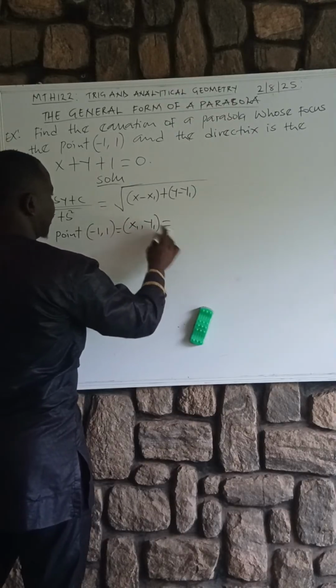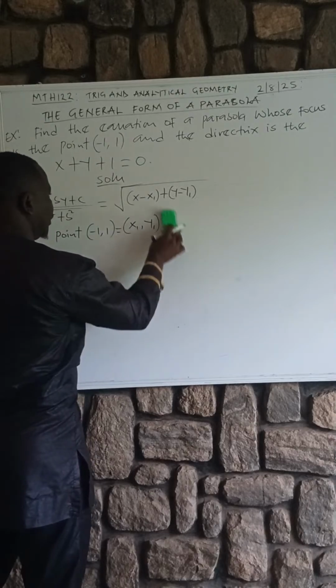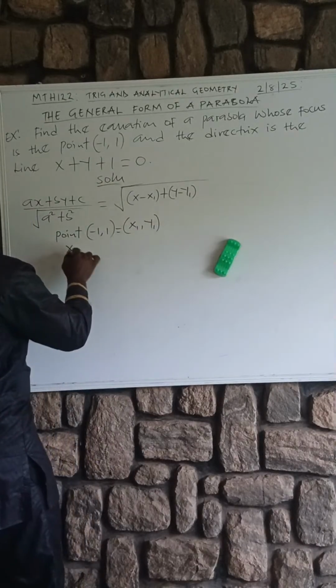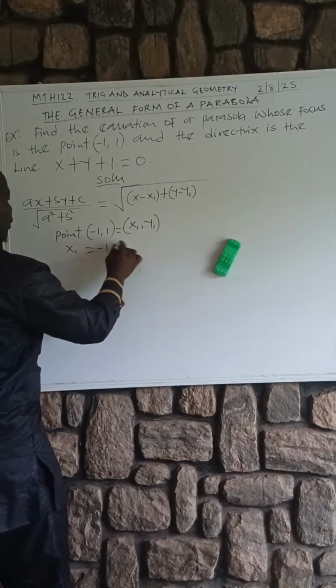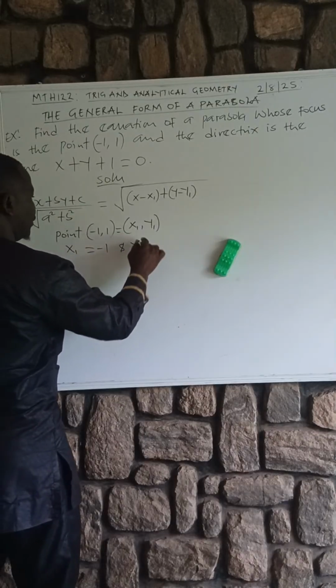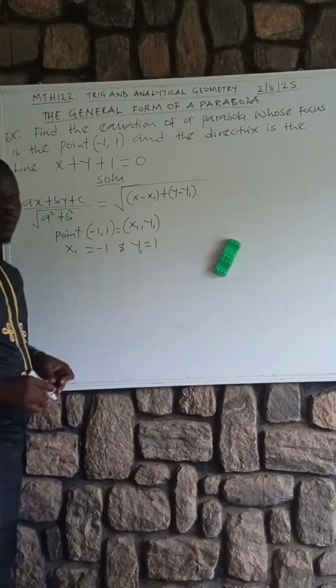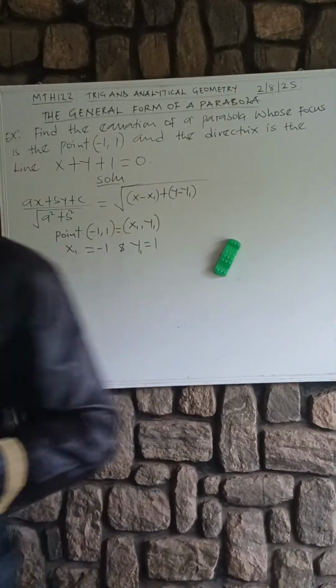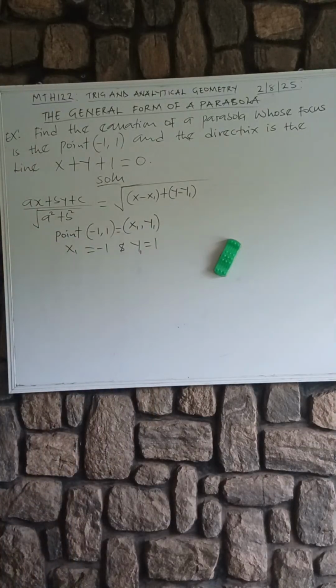It implies that x1 is equal to -1 and y1 is equal to 1. Are we following? Okay.